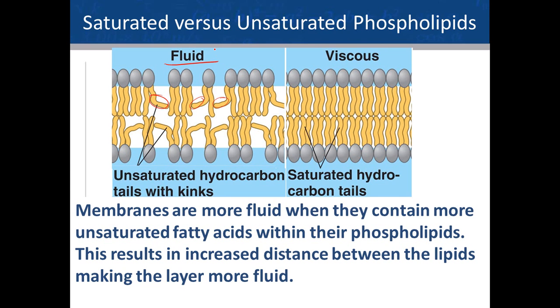If you have a membrane in which you have a lot of saturated phospholipids, it allows you to pack those phospholipids very close together. And when they're packed more closely together, they become more viscous or less fluid. That's because the distance has been decreased between the phospholipids. So this is right here, unsaturated. This is saturated. More fluid, less fluid.